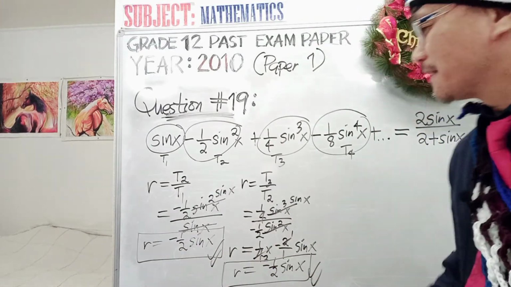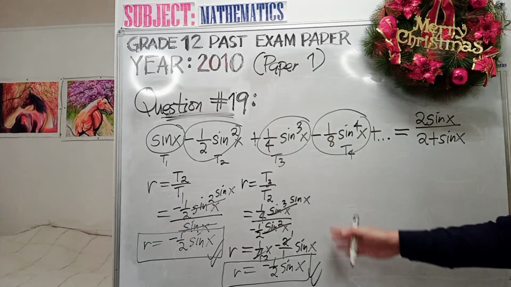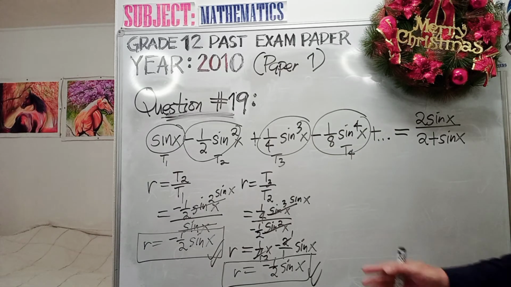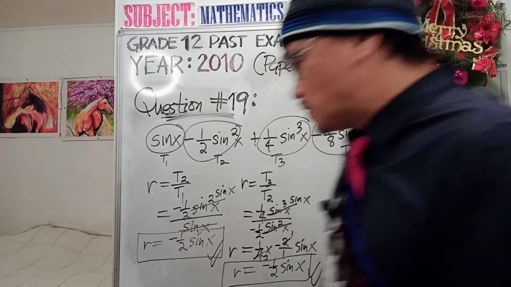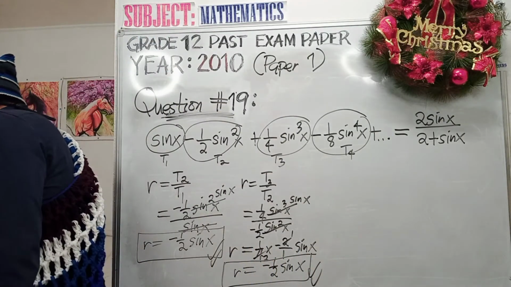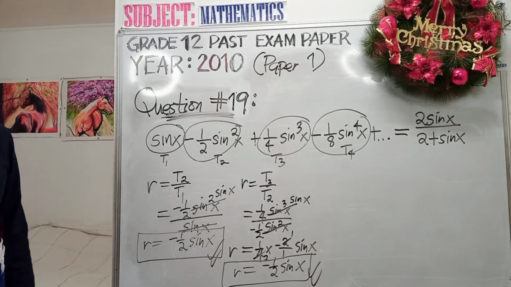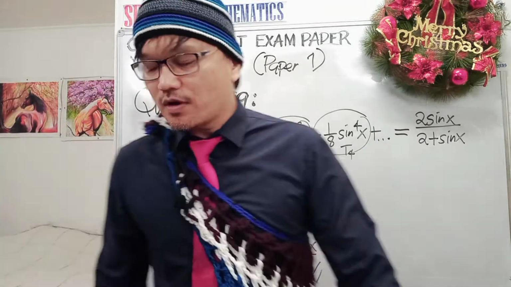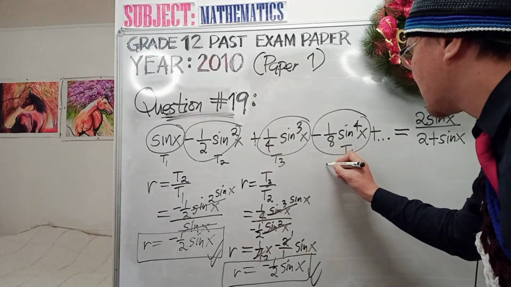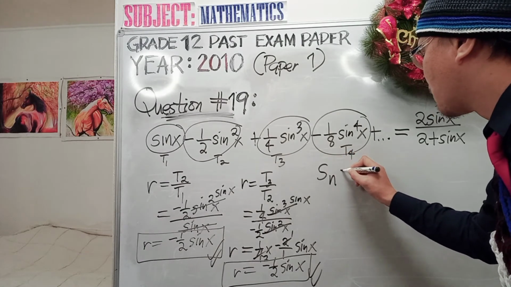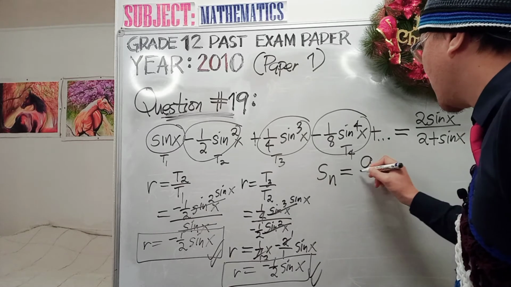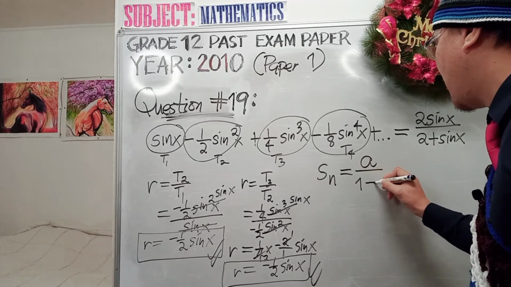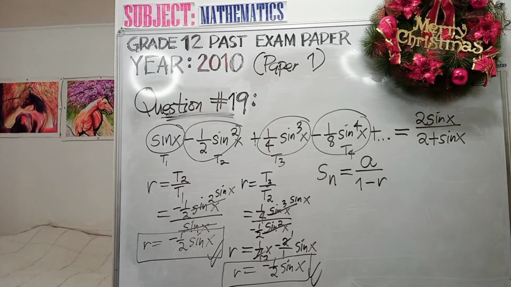You get it now? So we don't want to continue because we don't have space and we still have to prove the given here. So now we will use the sum of the geometric series. The sum of the n terms is equal to, this is the formula, first term divided by 1 minus the common ratio.